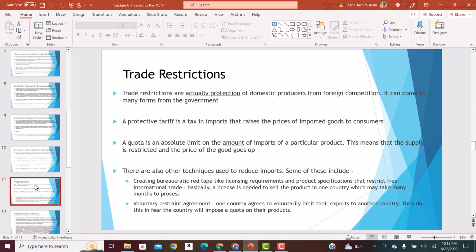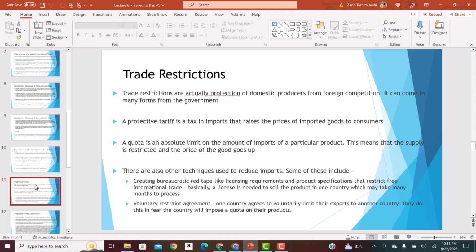Now, there are also other techniques to limit trade. Some of these include creating bureaucratic red tape. Government creates bureaucratic red tape, like, they can require importers to have licensing requirements before they can sell foreign products in the domestic market, or they can require that the products meet certain criteria or specifications before they can be sold in the US market.